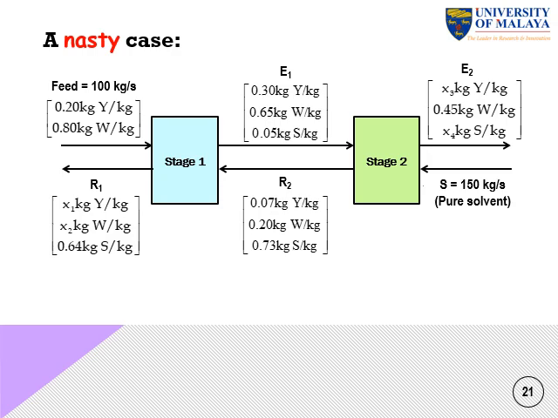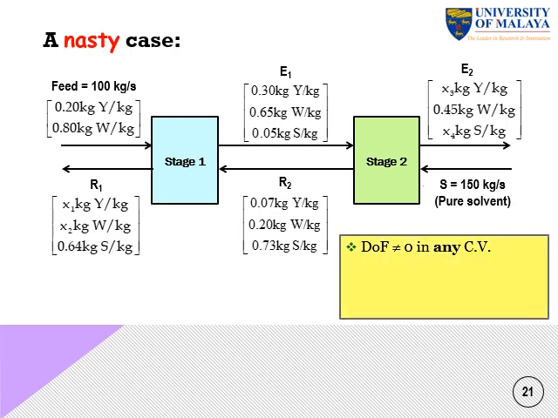So that's why it is called nasty. Otherwise, it's just a normal problem anyway. Okay, so in this case DOF is not equal to 0 in any CV, it's always more than 0.